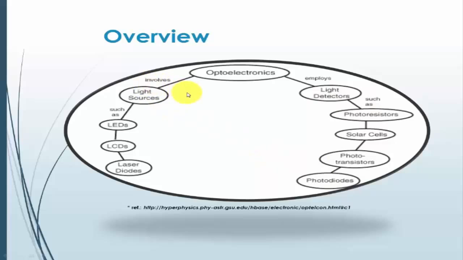There are some devices that convert optical energy into electrical energy, and those are the ones that employ. Those are the solar cell and the photodiodes. And there are emitters of photons, and those include the light emitting diodes, this one, and some types of laser, as can be seen here, the laser diode.